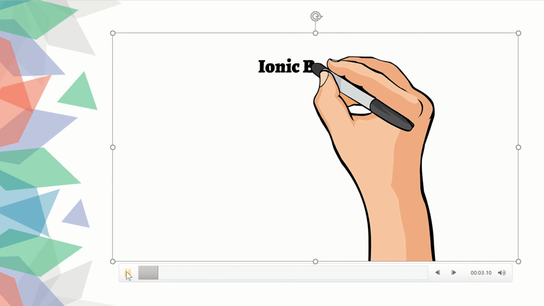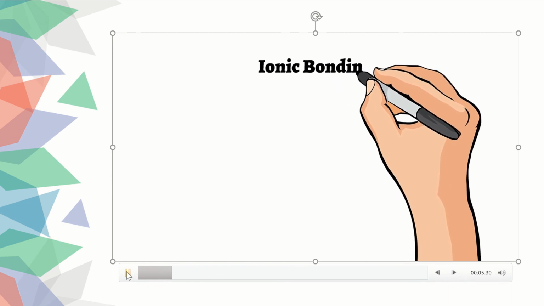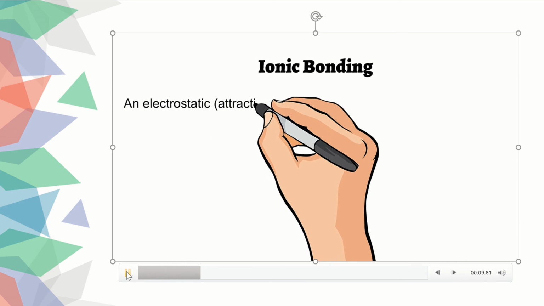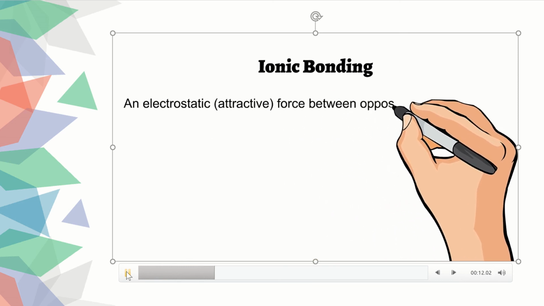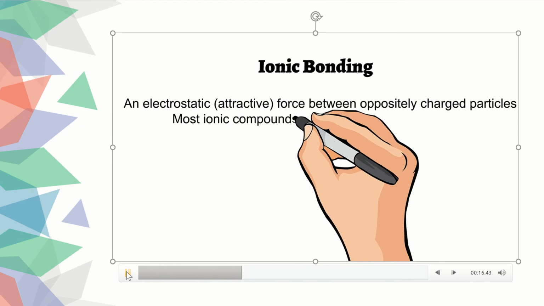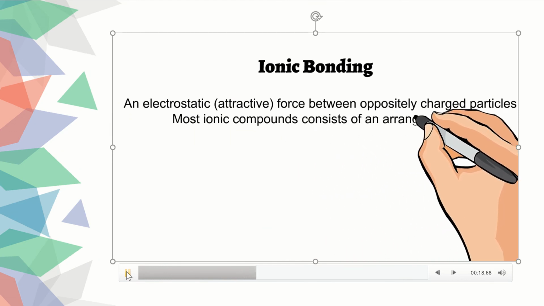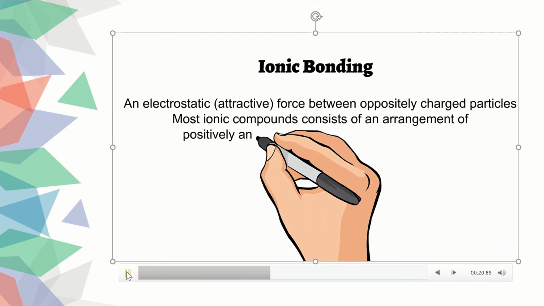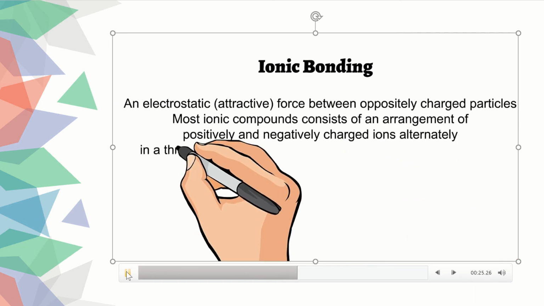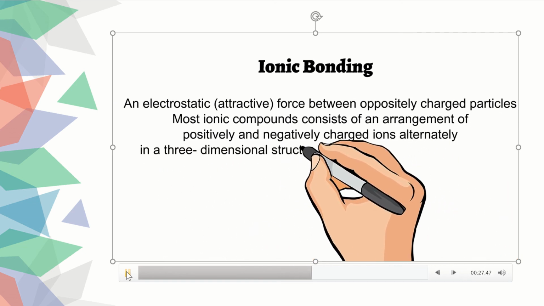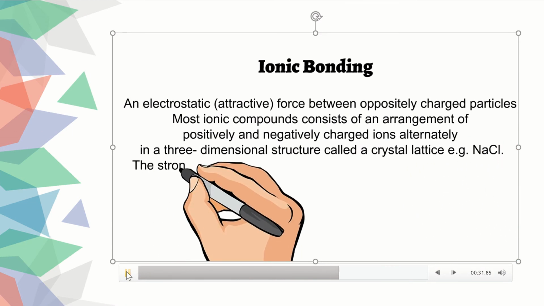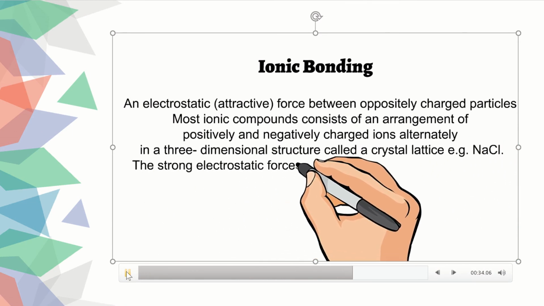So the first of the chemical bonds that we're looking at is ionic bonding. As you know, it's an electrostatic or attractive force between oppositely charged particles, and most ionic compounds consist of an arrangement of positive and negatively charged ions alternately in a 3D structure called a crystal lattice, and we know about sodium chloride.